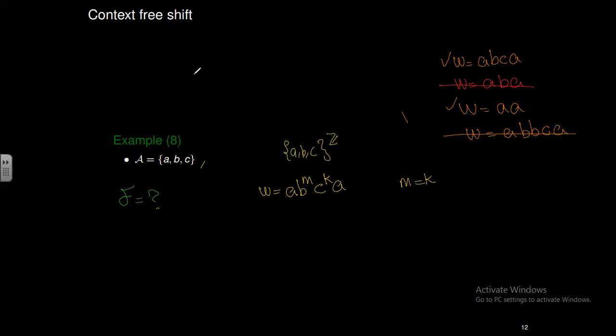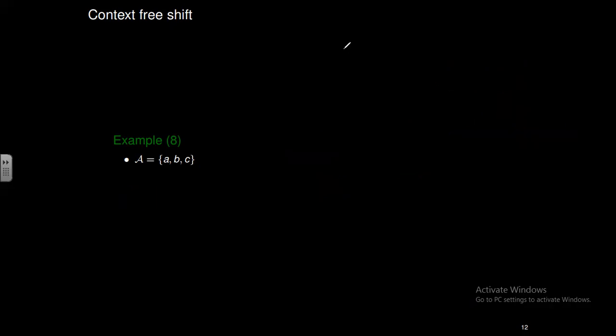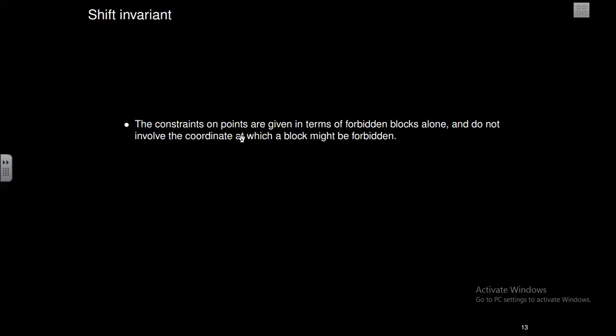So let's go to the next slide. Shift invariant. What does it mean, shift invariant? It means the constraints on points are given in terms of forbidden blocks alone and do not involve the coordinate at which a block might be forbidden. If we say that we don't want, for example, this block in the golden mean shift, we don't say in which position or coordinate you can't have it. In all coordinates you shouldn't have it.